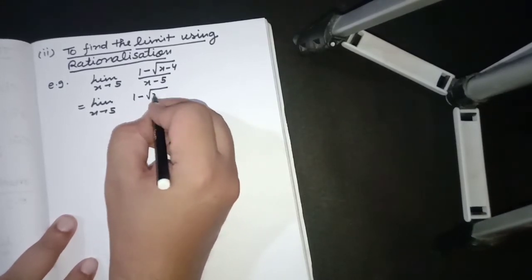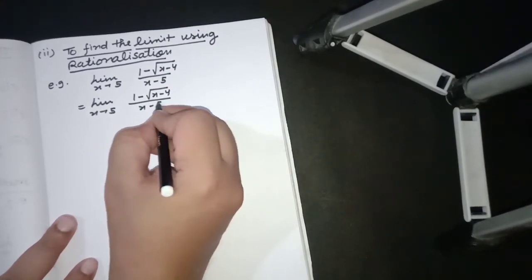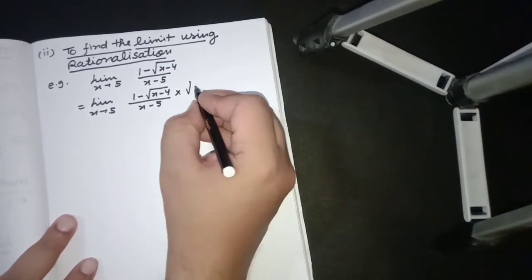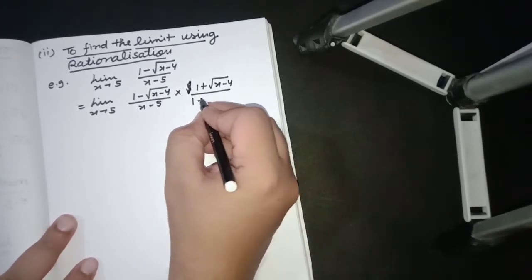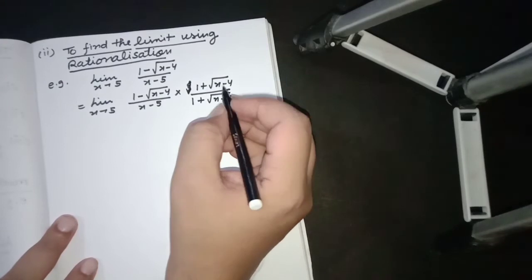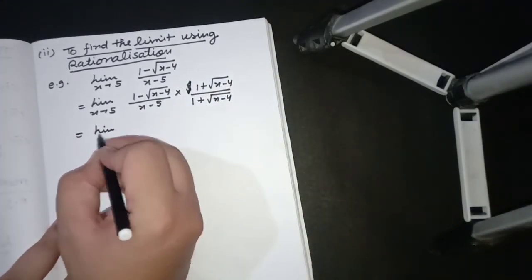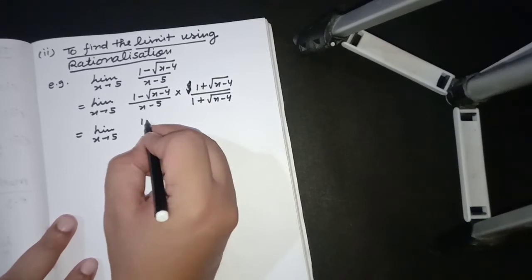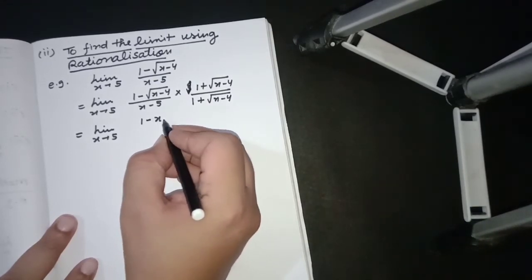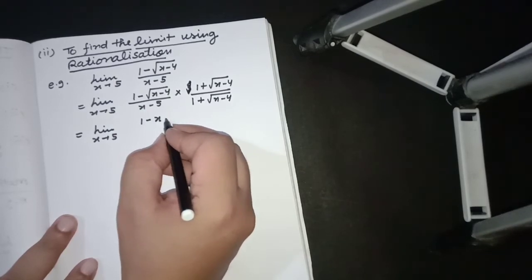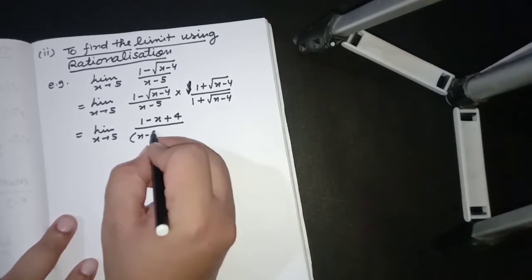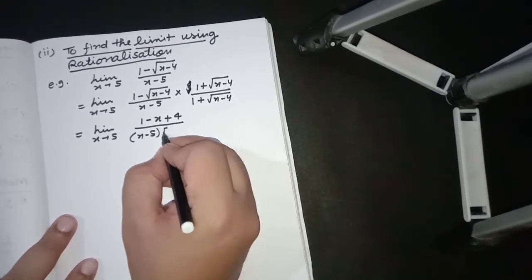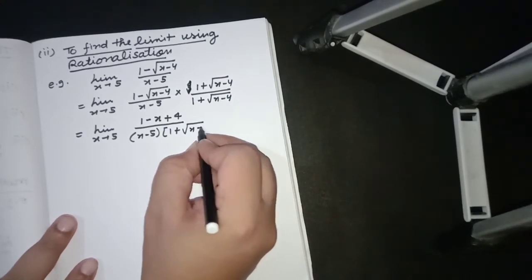So that will be 1 minus root x minus 4 upon x minus 5 into 1 plus root x minus 4 upon 1 plus root x minus 4, and the result will come out limit x tends to 5, 1 minus (x minus 4), so that will be plus 4 on changing the sign, and it will come out x minus 5 and 1 plus root x minus 4.